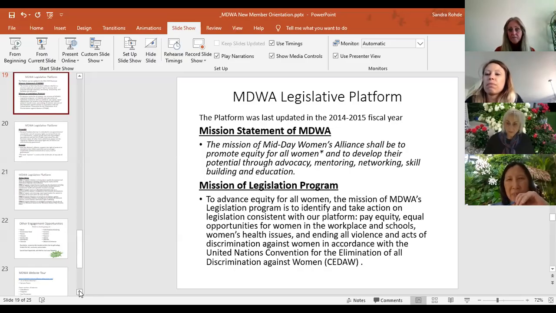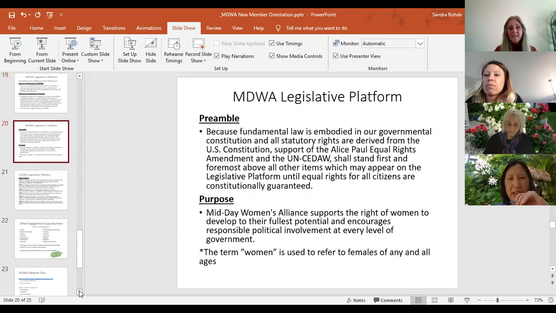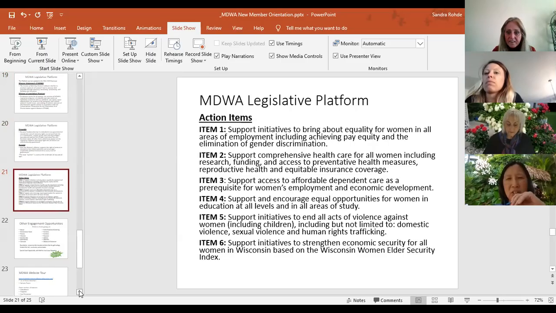And so we actually 3 years ago decided to start working through the platform to educate ourselves, that is the committee. And as I put it, we got stuck. We read the mission, and then the next slide gets to the introduction or the preamble. And so realized we didn't know enough about Alice Paul Equal Rights Amendment, and we absolutely were not educated on CEDAW, the Convention to Eliminate Discrimination Against Women.